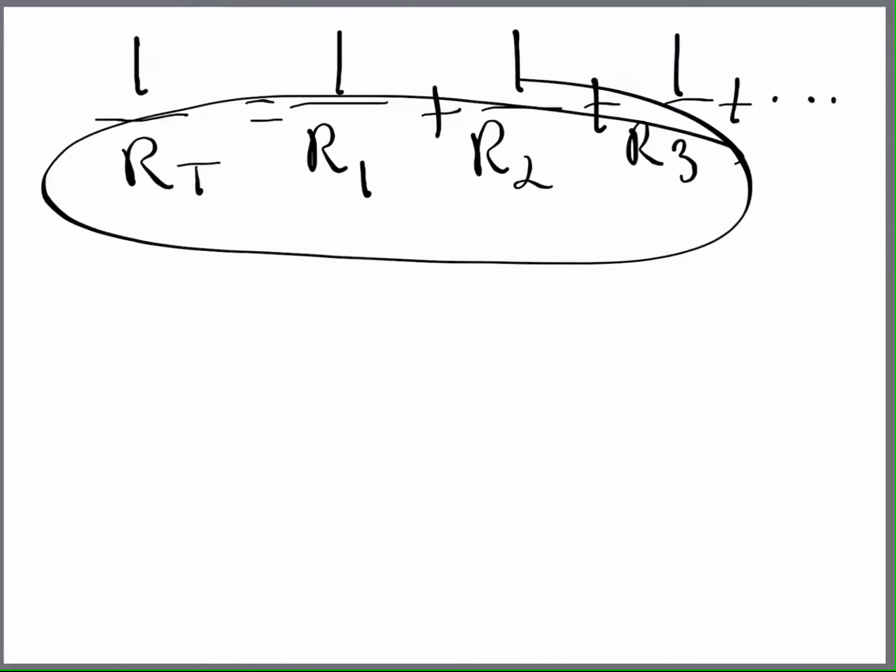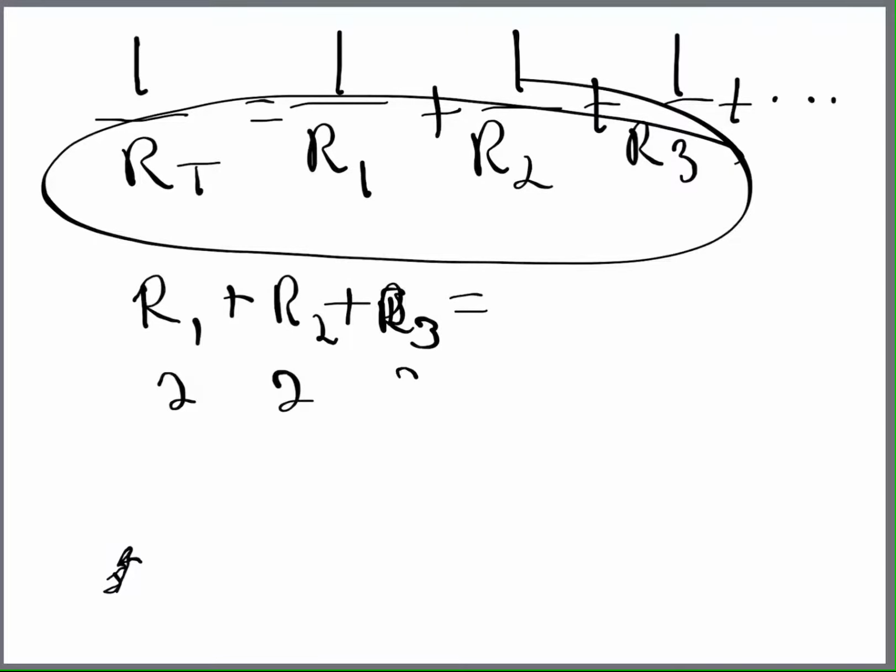No, you've got to be careful because the sum of fractions is not the same as the fraction of the sums. Or let's make that a little bit simpler. Let's say we have 3 resistors, and I let each one of them be 2. Well, this sum would be 6, right?